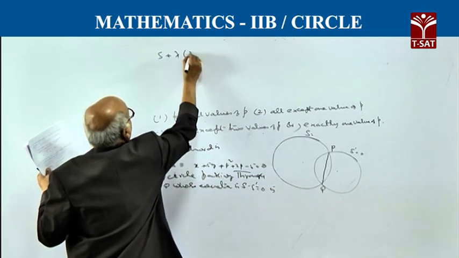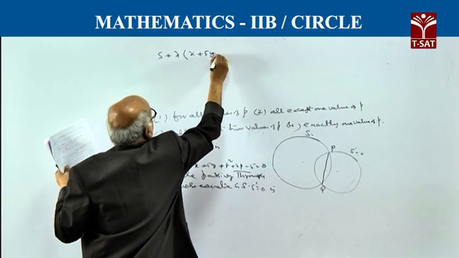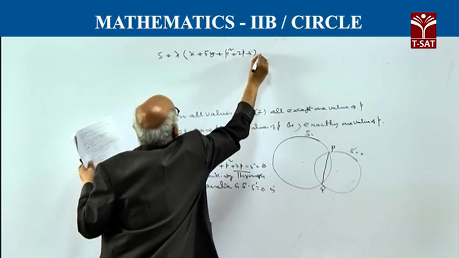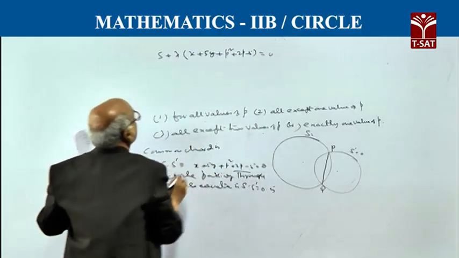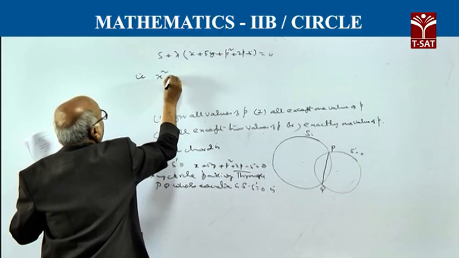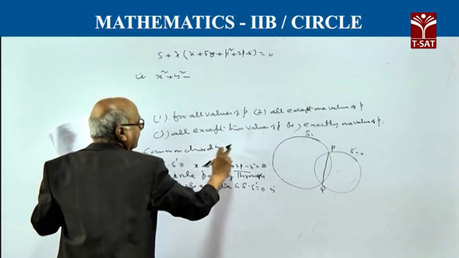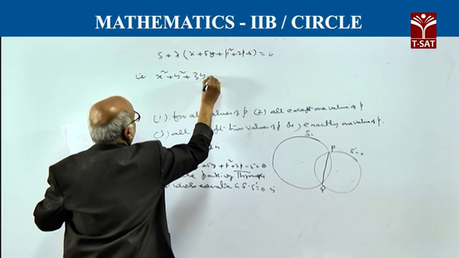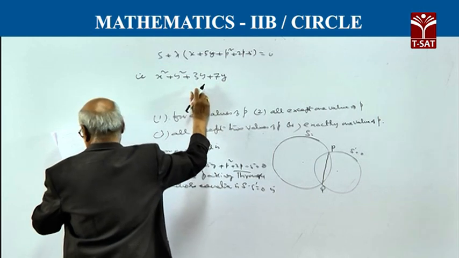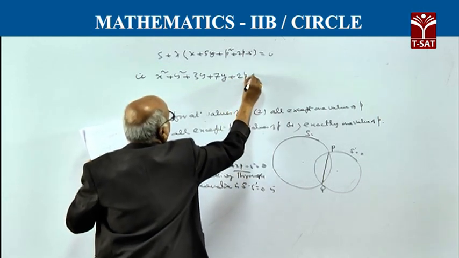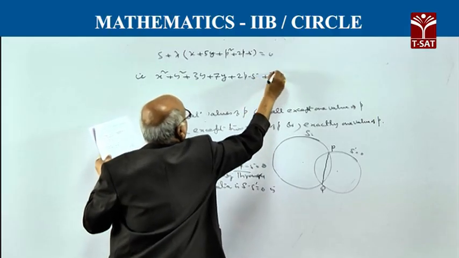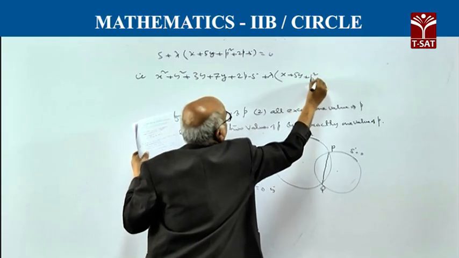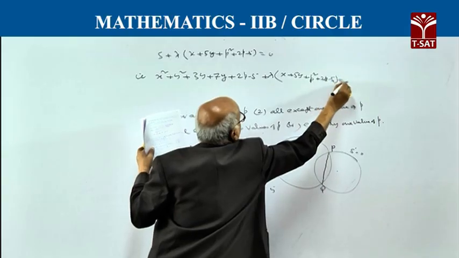That is, x square plus y square plus 3x plus 7y plus 2p minus 5, plus lambda into (x plus 5y plus p square plus 2p minus 5) is equal to 0.